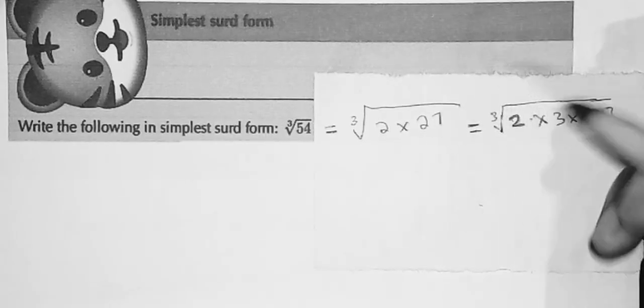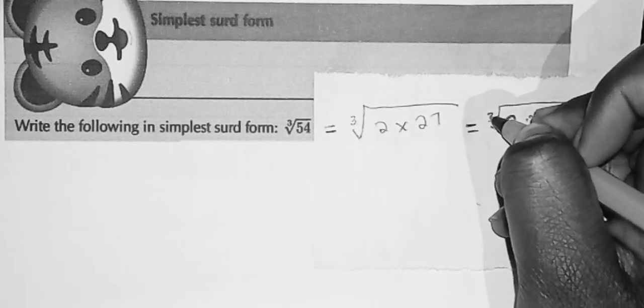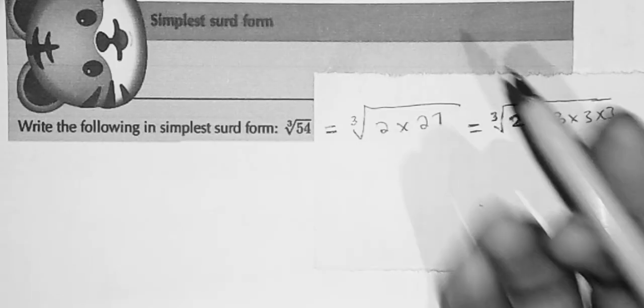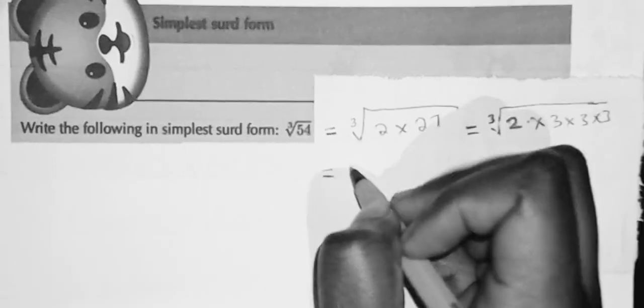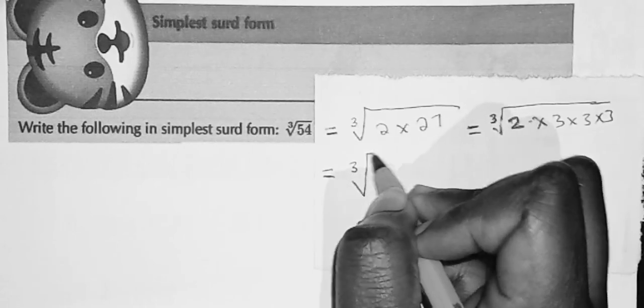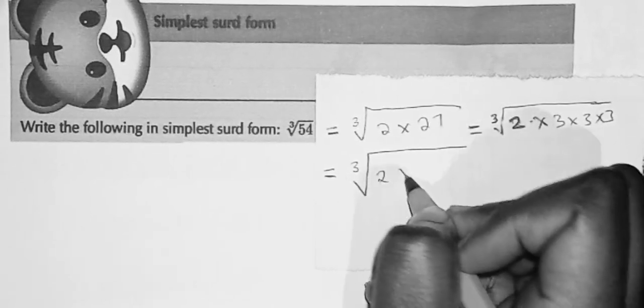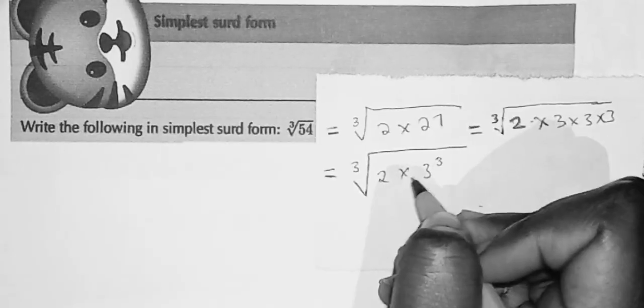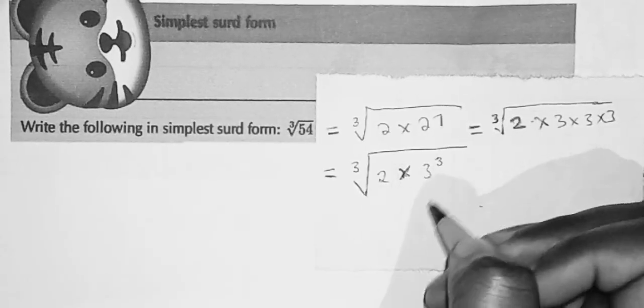So we have three 3s, and after that you are going to see: equals cube root of 2 times 3 to the power of 3, because the numbers repeat themselves.